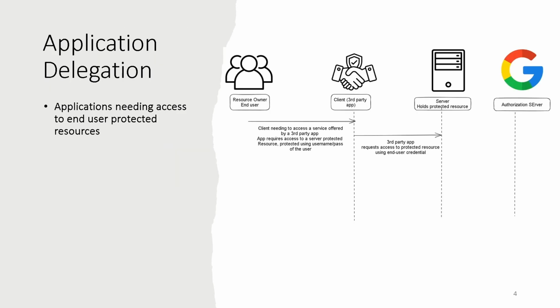Application delegation refers to the process of granting a third-party application limited access to user resources without actually exposing the user's credentials. OAuth and OpenID Connect play a crucial role in this by providing secure tokens to applications once the user's permission has been obtained.